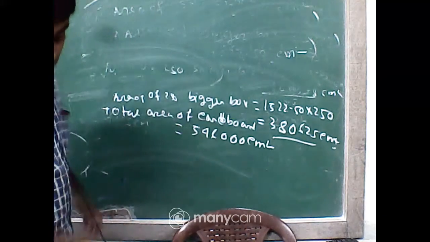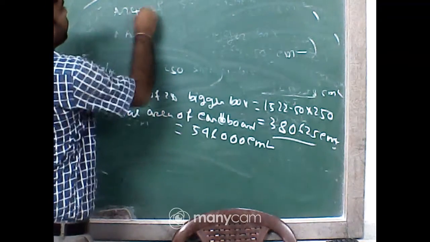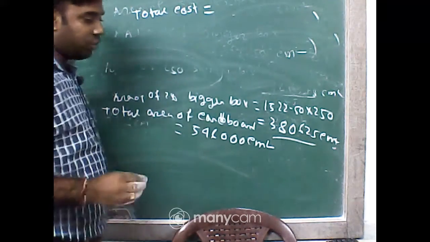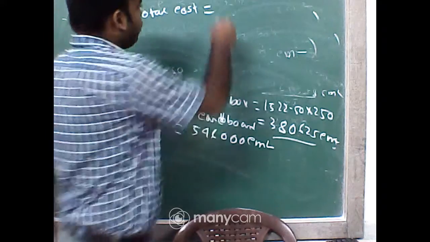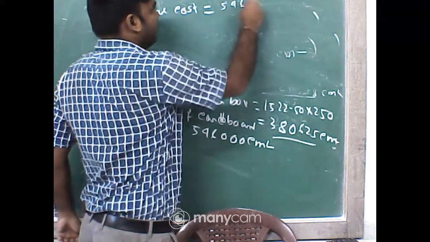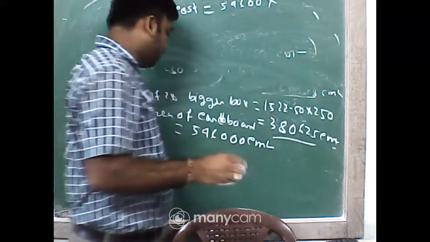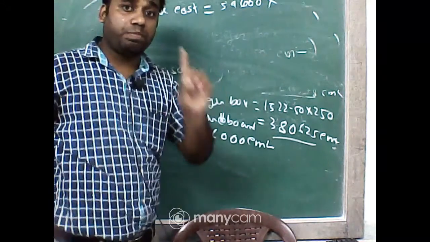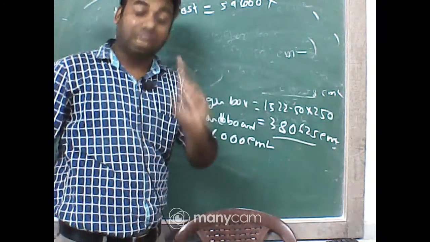What will be the cost? Now the total cost, first of all, 546000 at rupees 4 per 1000 centimeter square.